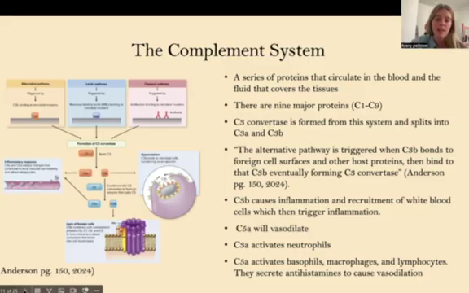C5a causes vasodilation and recruits more white blood cells. And C3b will bind to foreign cells, marking them for destruction by phagocytes. Together, these proteins amplify inflammation and make sure immune cells get to where they're needed most. And this picture will just help explain which C protein does what, and what pathway it goes into.